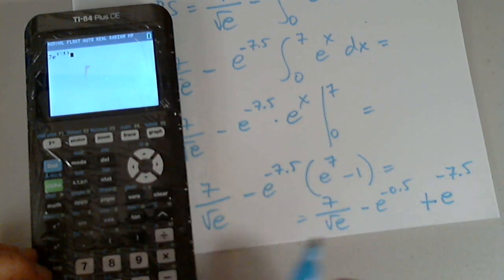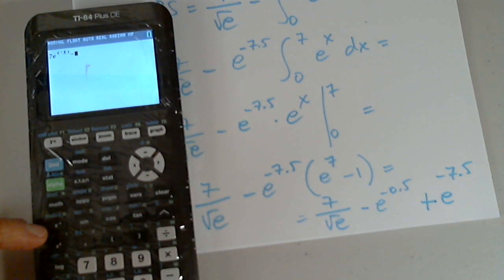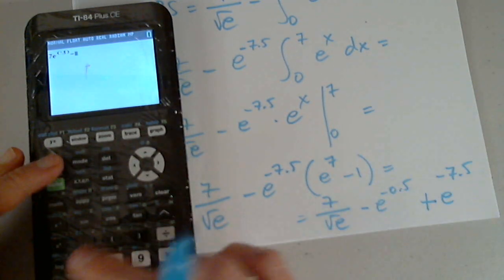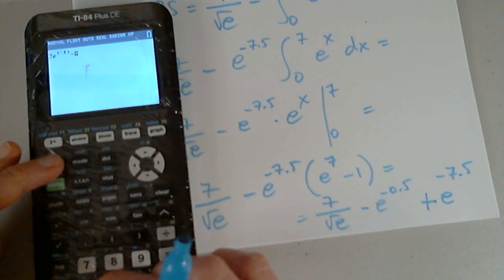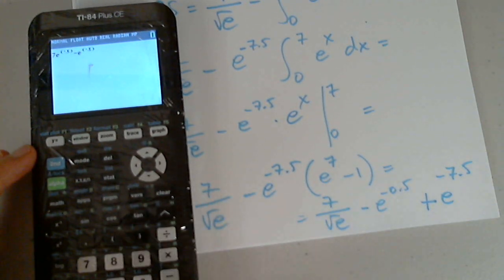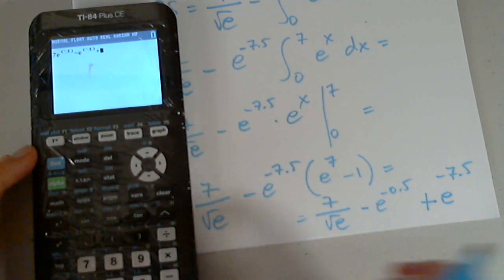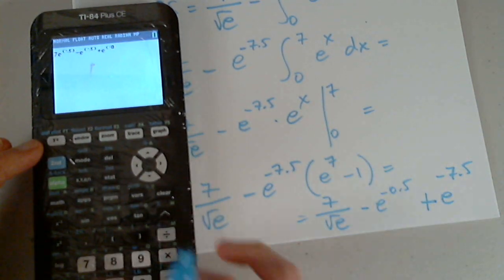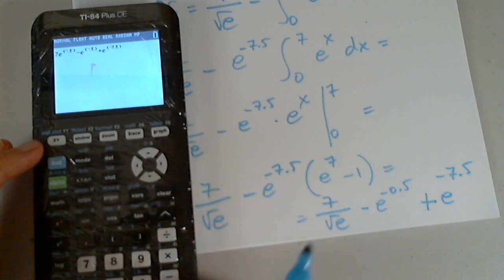And then minus, it's the same thing. I should have written 6, but that's okay. So minus e raised to, again, negative 0.5. And then plus e raised to negative 7.5.